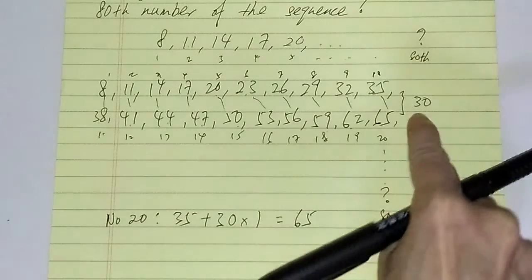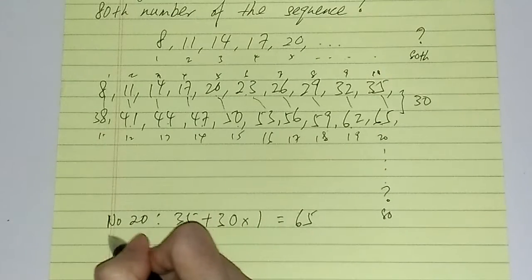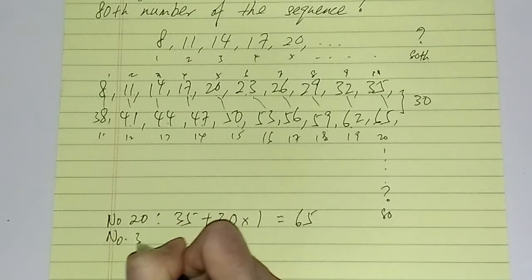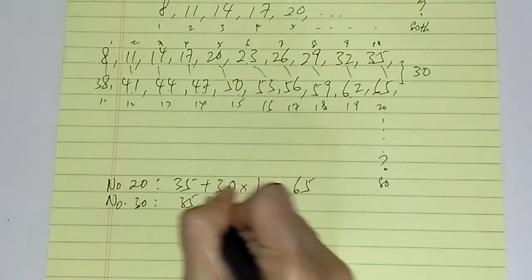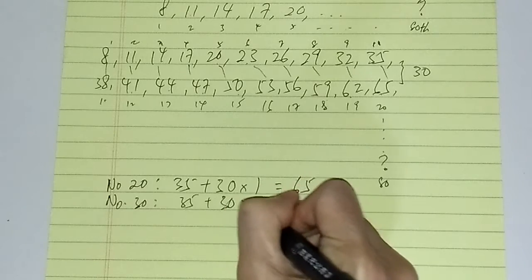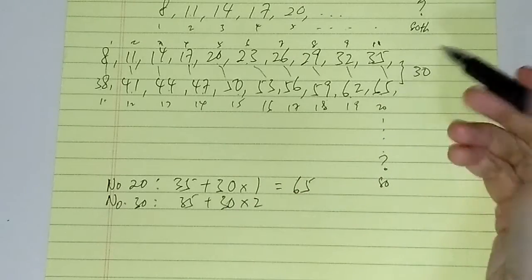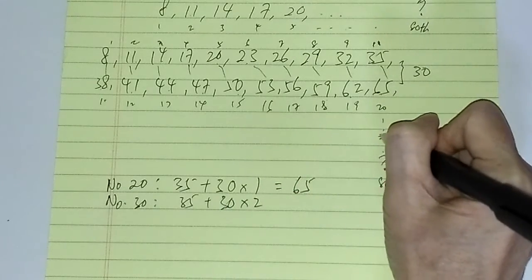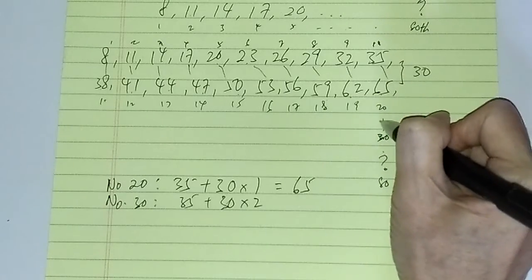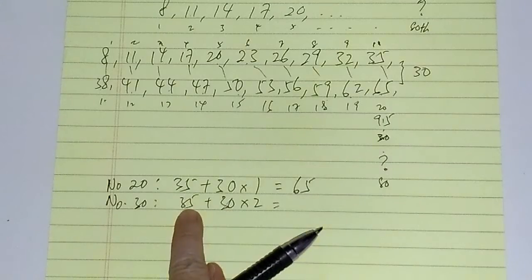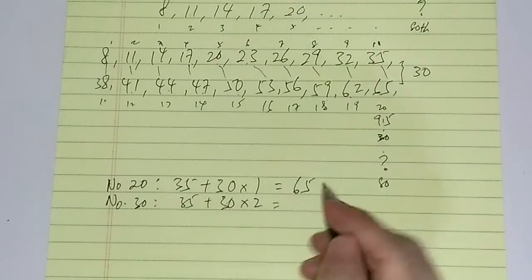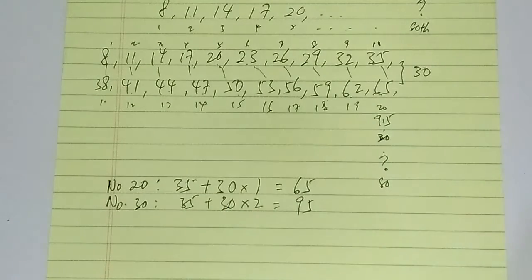Okay, so the next one, number 30, will be 35 plus 30 times 2, the next row. So number 30 here will be 95. So 35 plus 30 times 2 is 95.